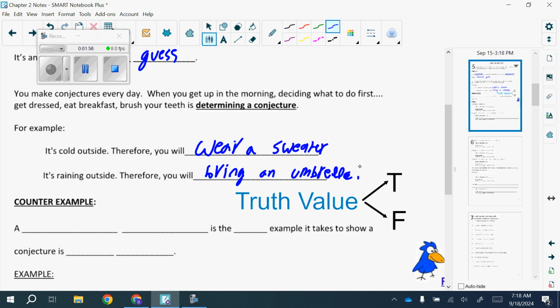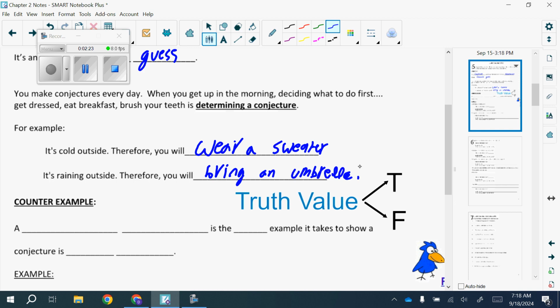Then we see here truth value, and then it has arrows pointing to T and F for true and false. So a conjecture must have a truth value. You must be able to derive a truth value from it. So a conjecture can be true or false, but it does need to be a statement in which you can derive a truth value from it.